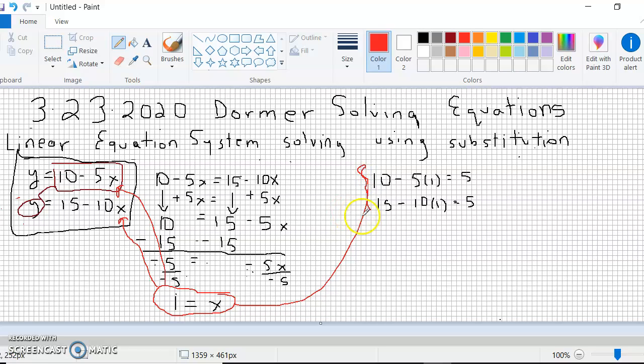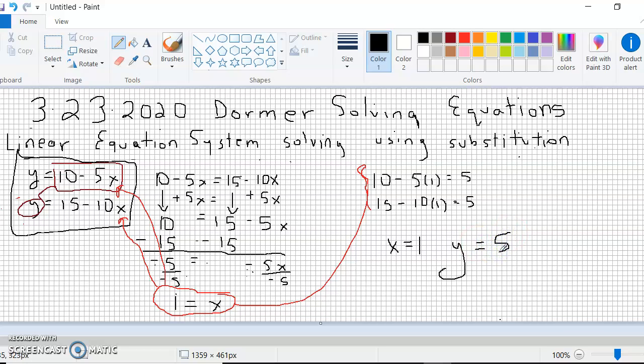And so when I do that, this is what I get. 10 minus 5 times 1 is equal to 5. 10 minus 5 is 5. 10 times 1 is 10, so 15 minus 10 is equal to 5. So my x is equal to 1, and my y is equal to 5.